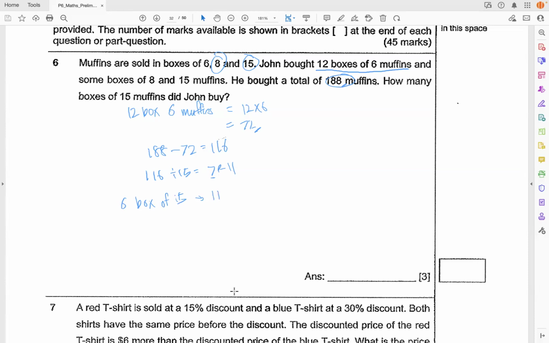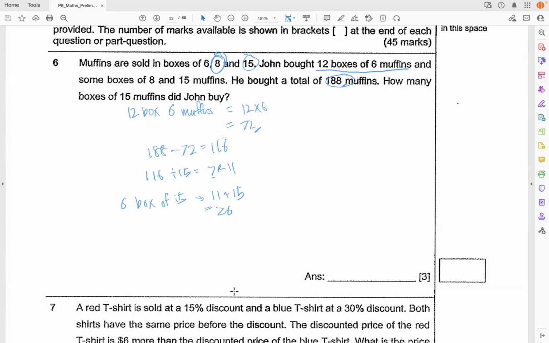With 6 boxes of 15, because you have 1 box of 15 less, you are actually going to have 26 remaining muffins. And you ask yourself, these 26 remainder muffins, can it be divided by 8?